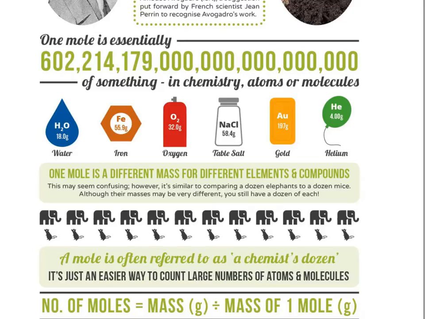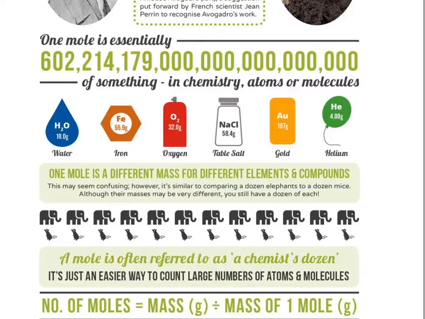So anytime in chemistry that you have 6.02 times 10 to the 23 atoms, or molecules, or formula units, as we'll hear is the term used when we're talking about ionic compounds, anytime you have that many things, you have 1 mole of that stuff.